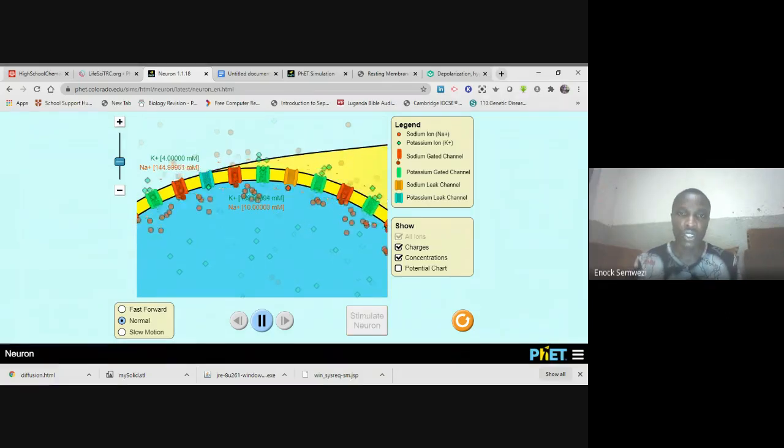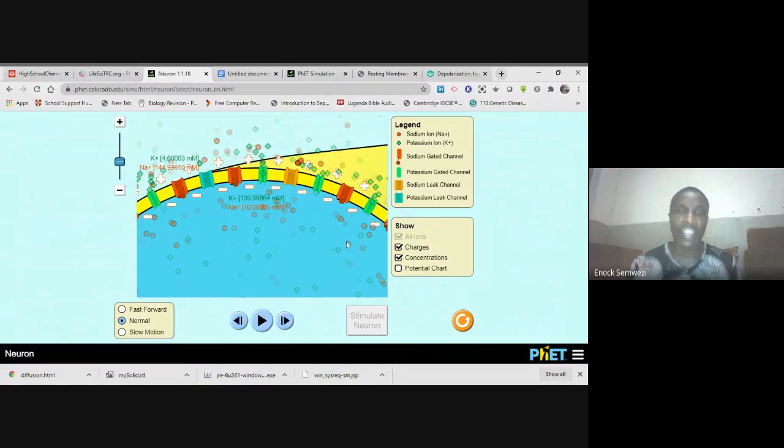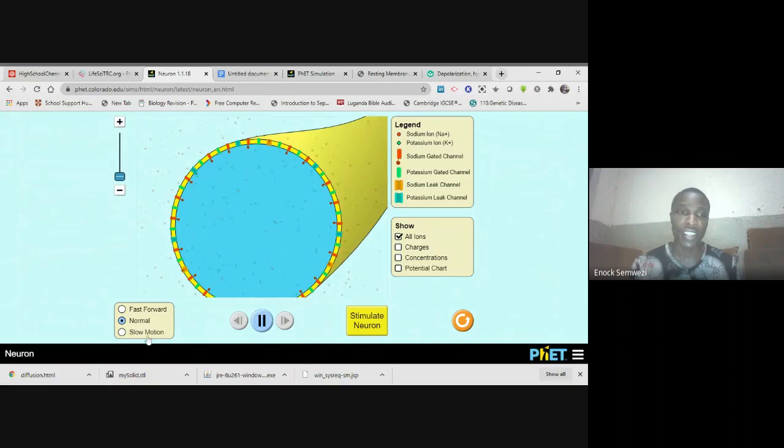The gates that open first are the sodium gated channels, before the opening of the potassium gated channels. I don't know that you were able to see that. Let me repeat it slowly so that you can see. I want you to look critically.